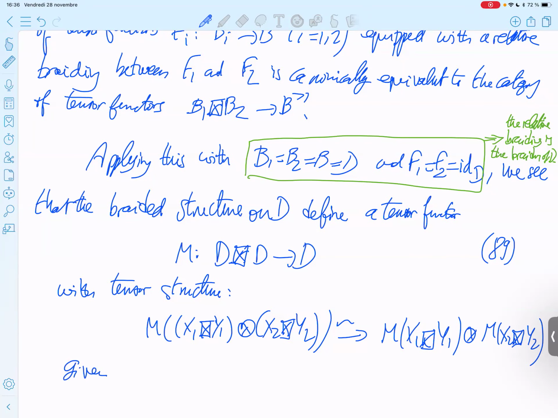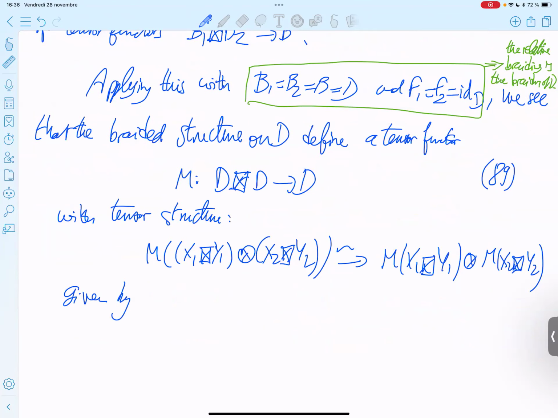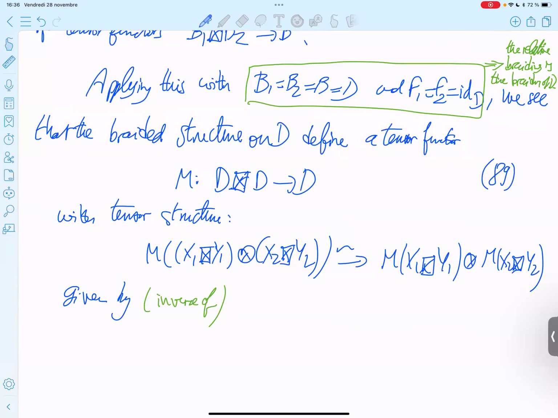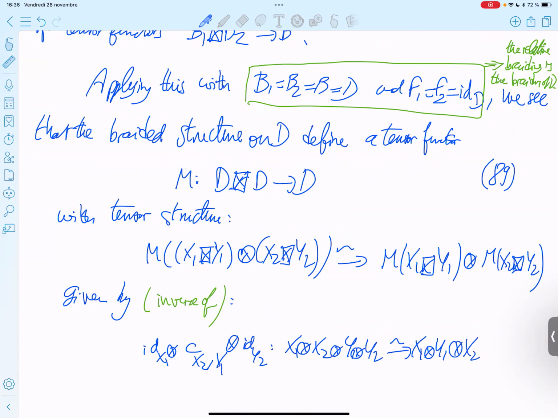Given by the following picture, so I guess in the paper they omitted to write the inverse of this functor: identity x1 tensor braiding x2 y1 tensor identity y2, from x1 tensor x2 tensor y1 tensor y2 to x1 tensor y1 tensor x2 tensor y2.